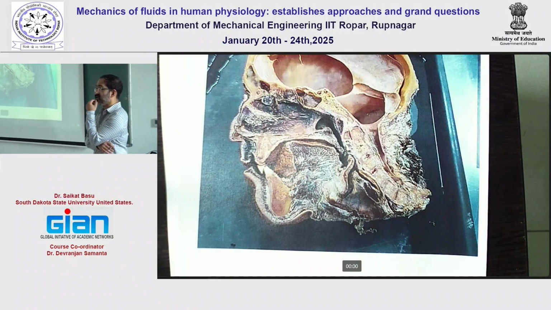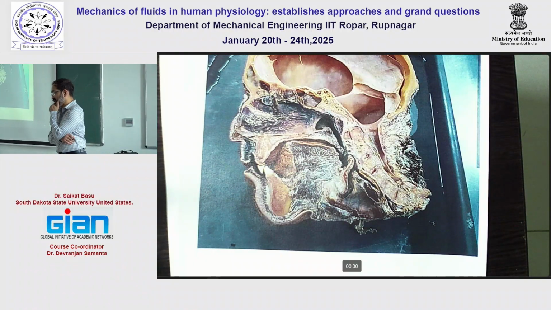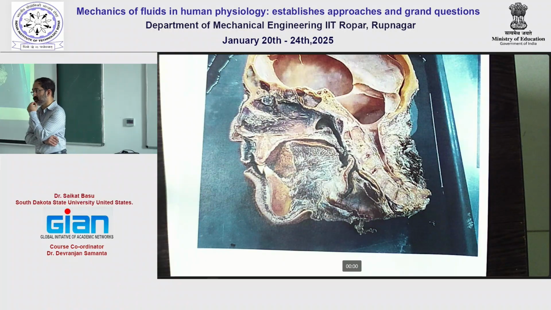Now let me share a funny story. When I was a postdoc at UNC Chapel Hill, we once designed a project where we were trying to develop CFD models of airflow through cadaveric heads. Cadaveric heads are easier to deal with because unlike someone who is living, you can move the head around in different orientations. So we decided to collect cadaveric heads. I think it was in December.